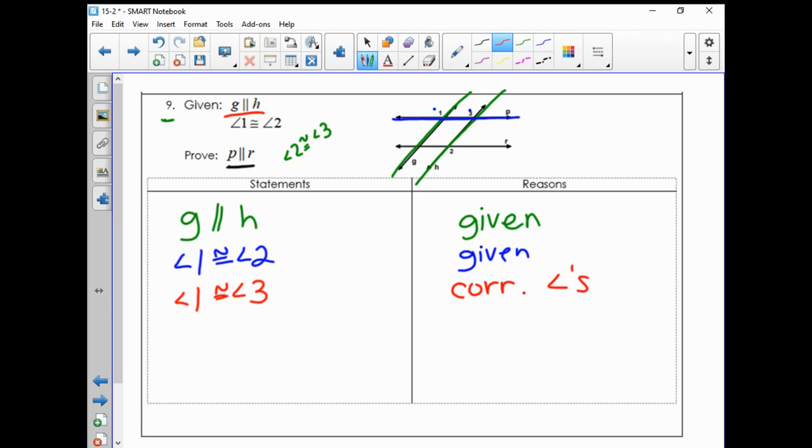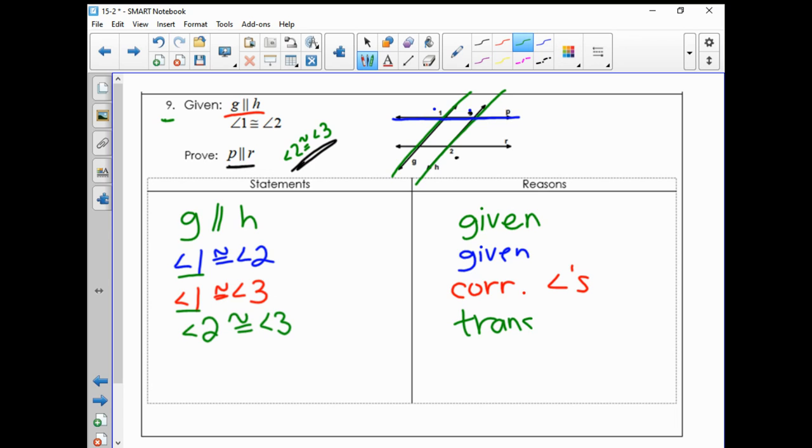Now remember up here, we had walked through this, and we're trying to prove 2 and 3 are congruent. That way we can say that P and R are parallel. Notice right here what we have. We've got angle 1 in both of these equations. We know that 2 and 3 are both congruent to angle 1. Therefore, the transitive property says that angle 2 is congruent to angle 3.